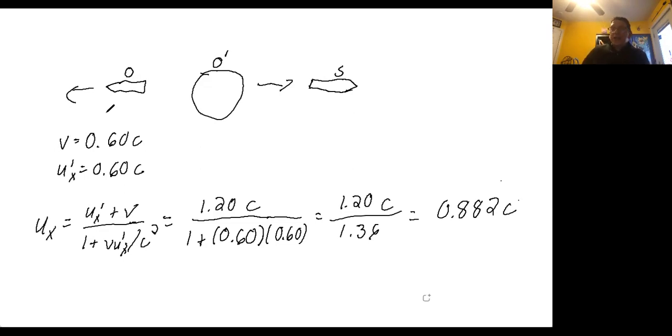And you make sure that you define your observers in a way that makes it easy to solve the problem, and you keep those definitions consistent. So that's how that works.